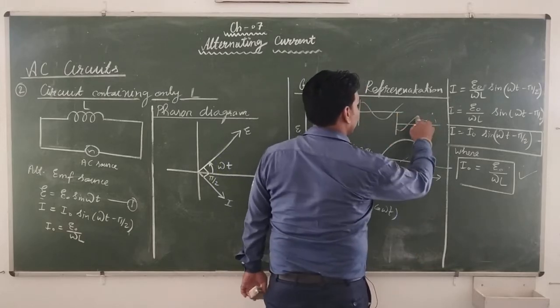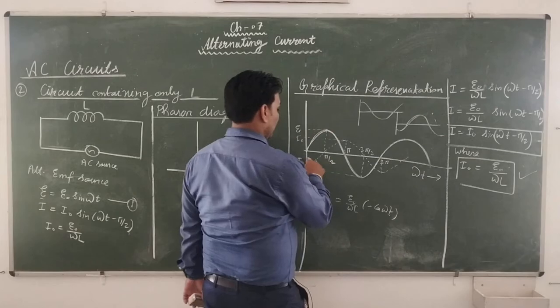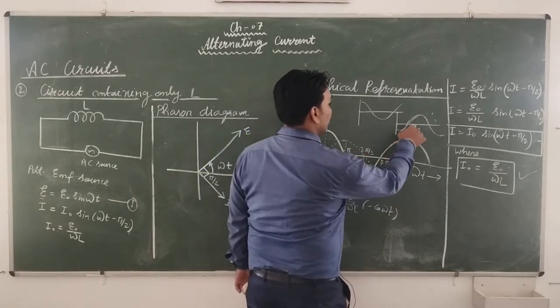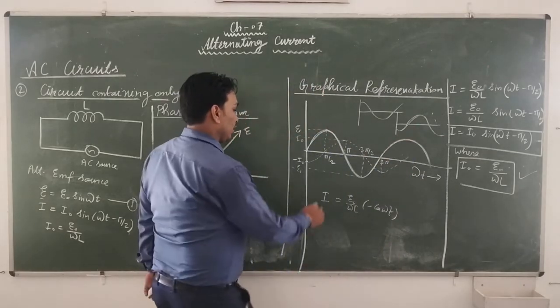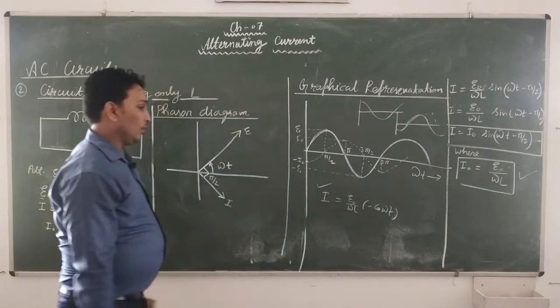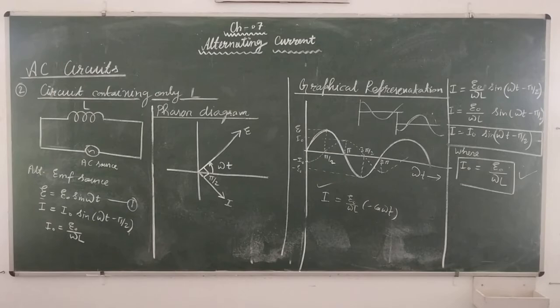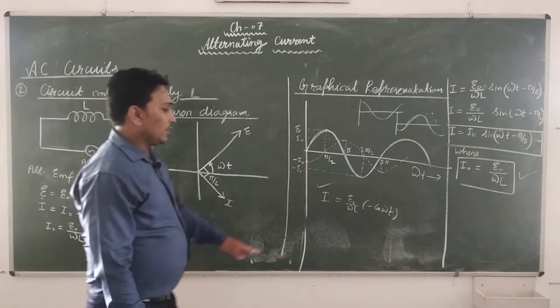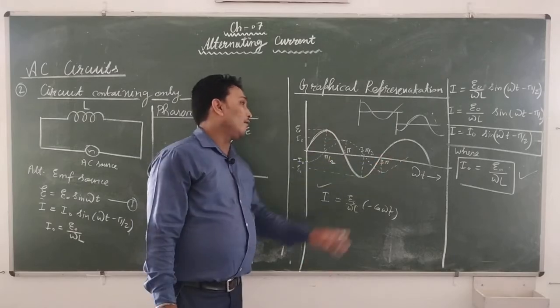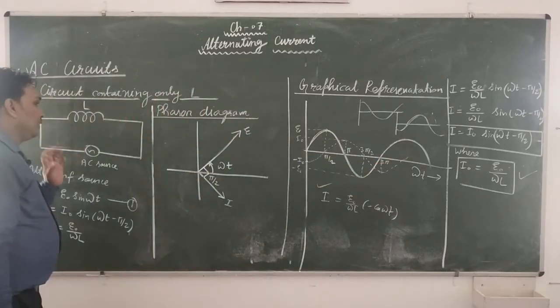Like this. Just see, this graph denotes minus cos theta. So you can interpret the graph from here also. From wherever you feel comfortable, you can interpret the graph. Okay? So this is the graph of current when an inductor is connected to an AC source.